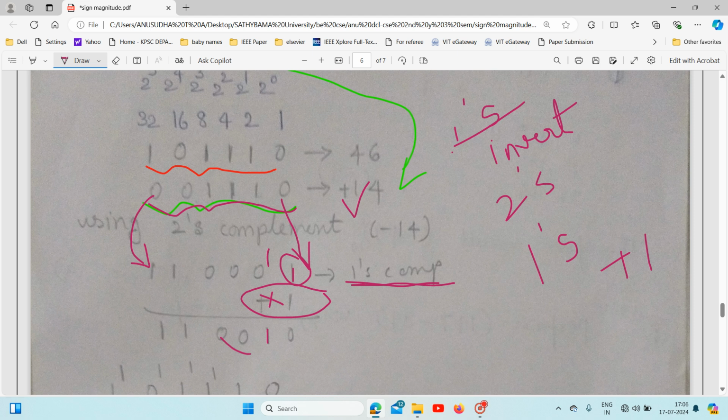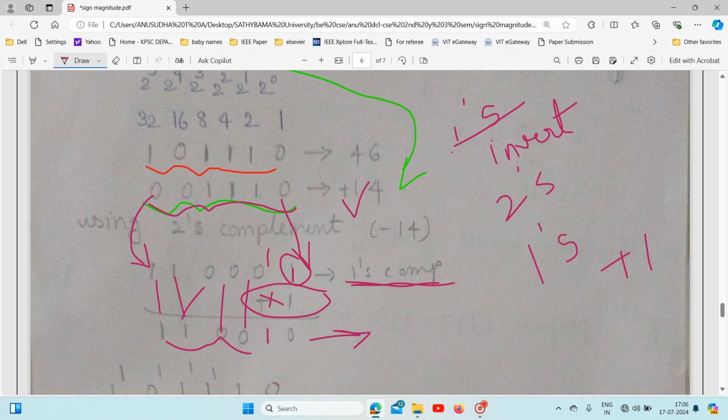The remaining as it is, you have to write, right? Here there are no values to perform addition, so I am replacing like that. Okay. So this is the 2's complement value of 14. So this is the minus 14 representation.